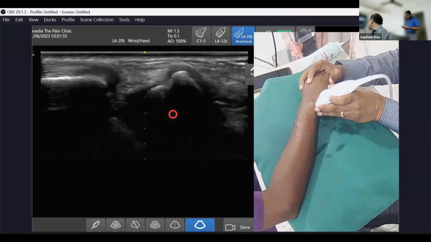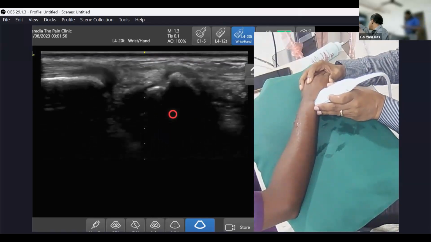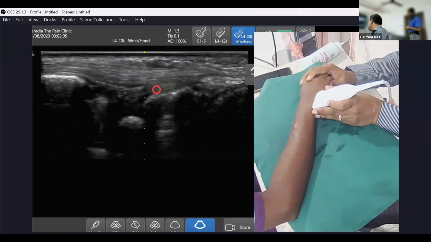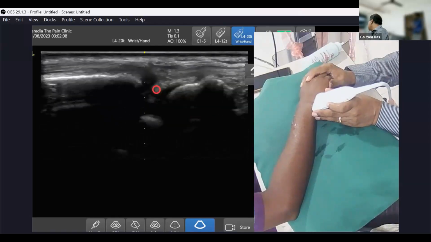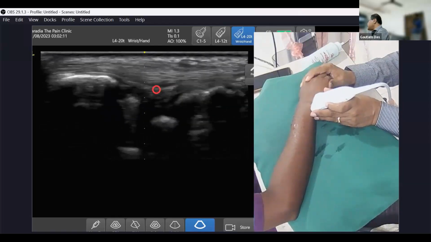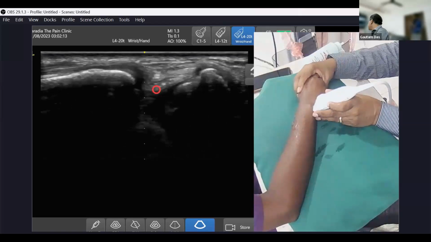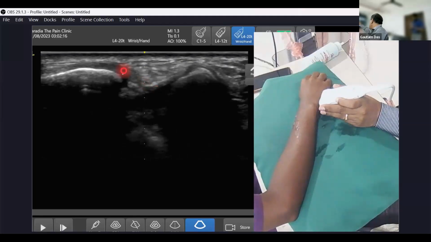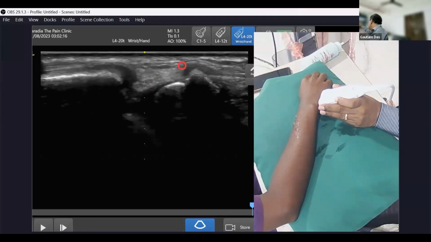Just below that is the tendon sheath of the extensor carpi ulnaris. Then this sagged part is the ulnar collateral ligament of the wrist.